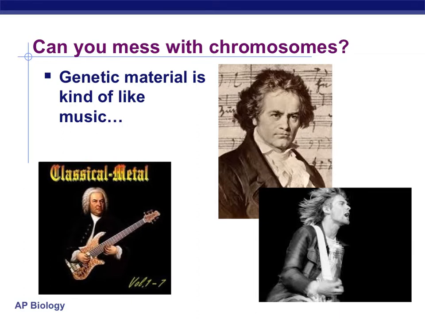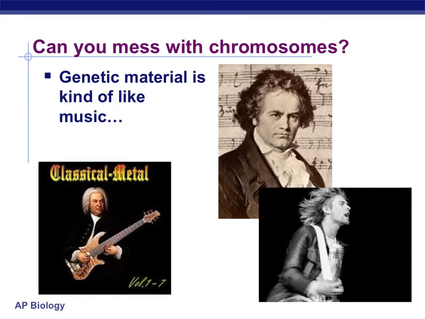You might have heard Beethoven before, and Beethoven's music is very distinct as being a classical music choice. You might be familiar with Beethoven's Fifth. As opposed to that, also a brilliant musician would be Kurt Cobain, who had his own style that was pretty distinct.